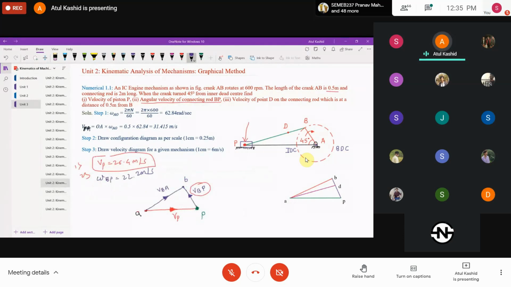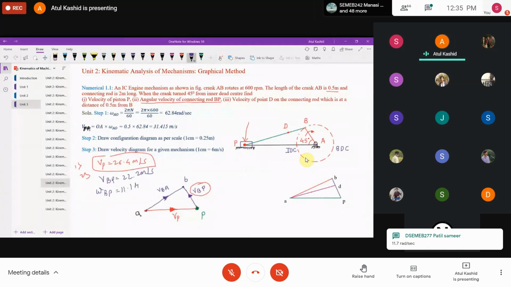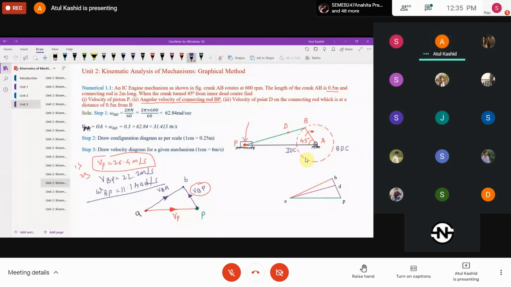Sorry, that was for the velocity of BP, the linear velocity. And if you calculate the angular velocity, it will be 11.1 radian per second. So omega BP we have calculated, it is 11.1 radian per second, right?